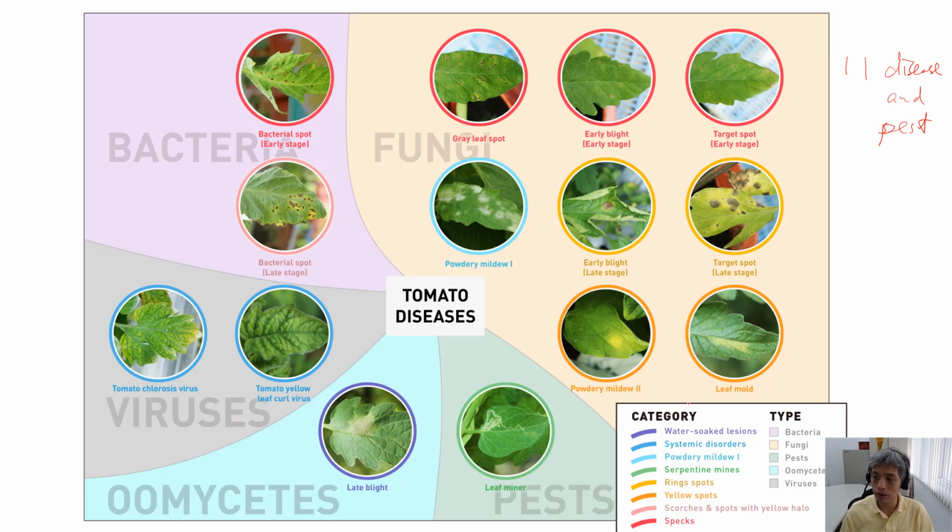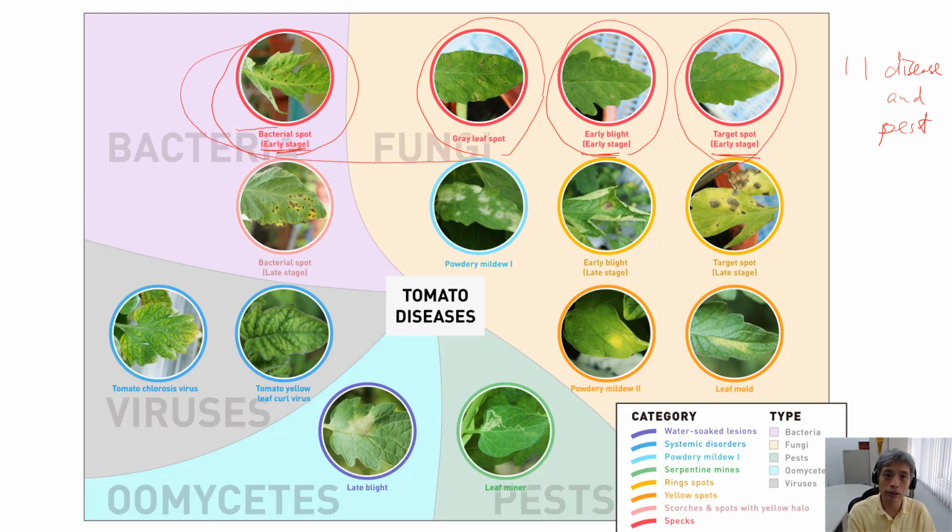But we don't want to identify, or I should say, we cannot identify the 11 diseases. That is because some diseases in their early stage look very similar. For example, we have bacterial spot, gray leaf spot, early blight, and target spot. If they are in their early stage, they look very similar, and even plant pathologists cannot identify the disease by themselves. So in this research, we group them together, and this is called one category.